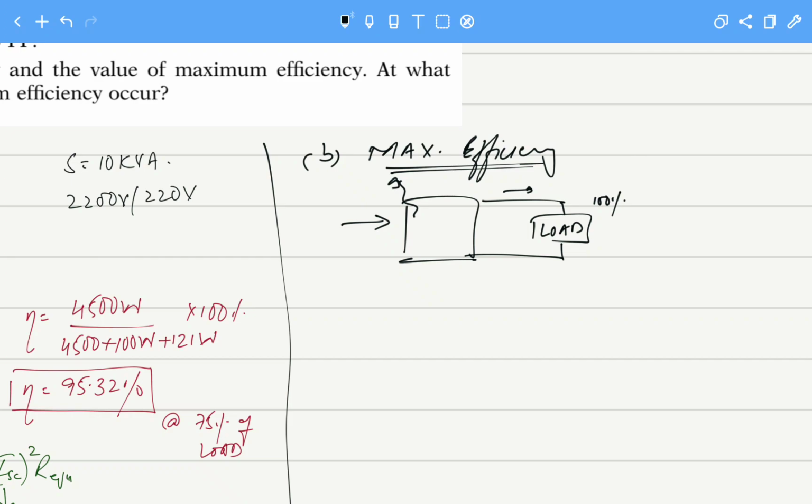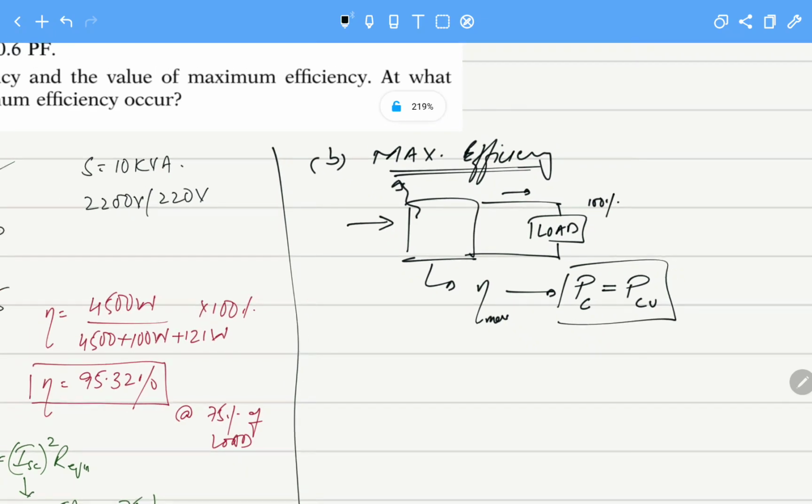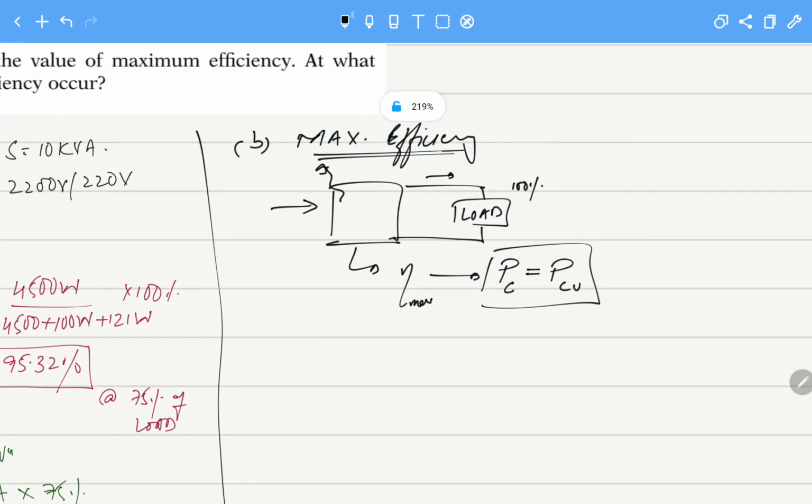The condition in a transformer for achieving maximum efficiency is when the core losses of the transformer become equal to the copper losses inside the winding of the transformer. This is the condition for maximum efficiency in the transformer. And if the condition is met, then the transformer will be operating at its maximum efficiency.